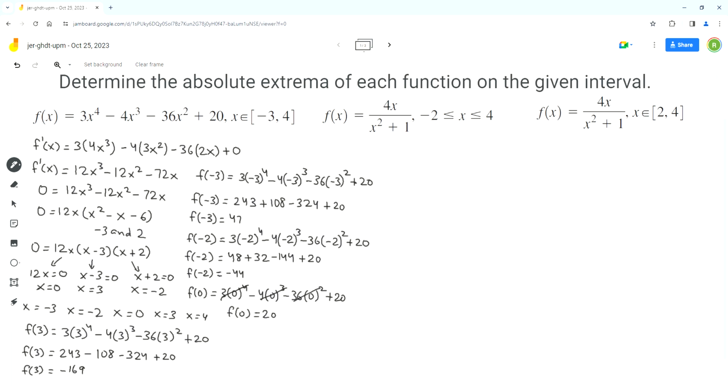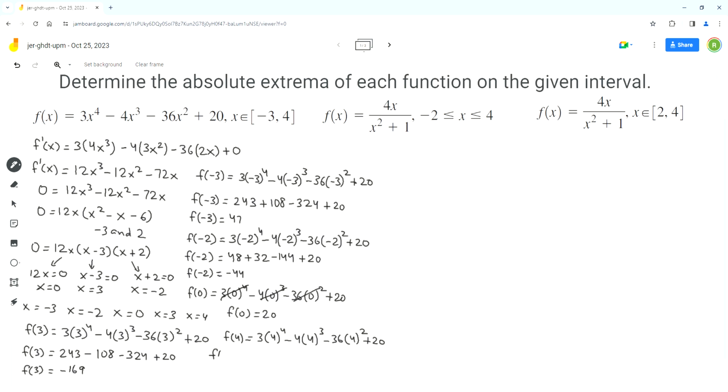Now we have to find f at 4. So sub in x as 4 in the given function. So 3 times 4 exponent 4 minus 4 times 4 exponent 3 minus 36 times 4 squared plus 20.